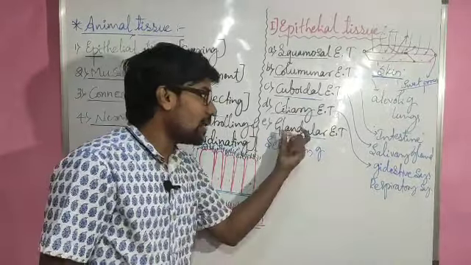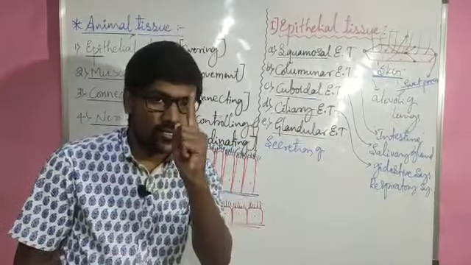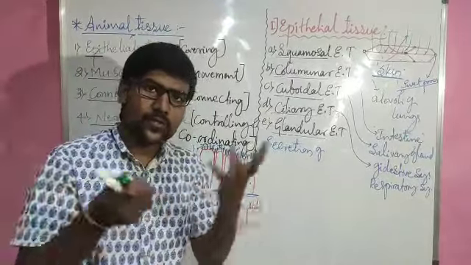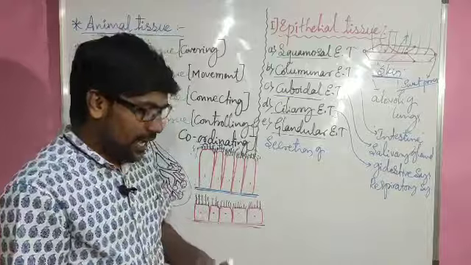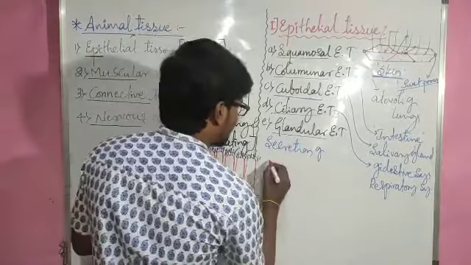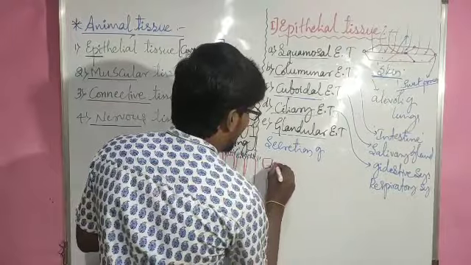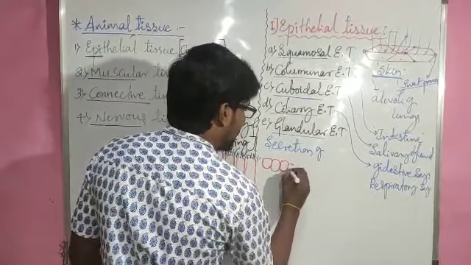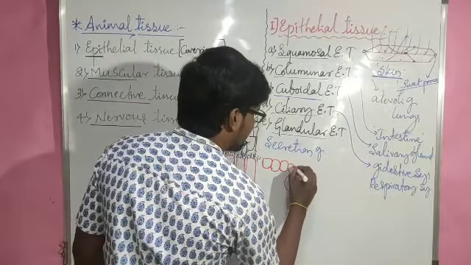Glandular epithelial tissue may have just a single secretory cell, or it may have so many cells together. In the glandular epithelial tissue, if you observe the shape, for example, all these are the normal epithelial cells, and here one cell gets modified like this.